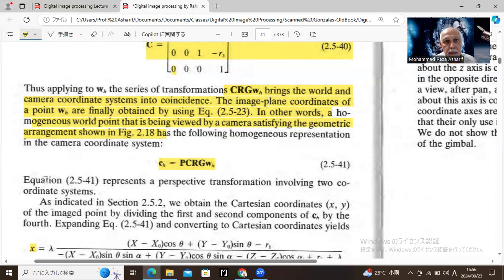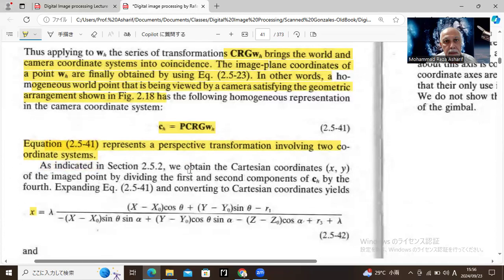So equation 41 represents the perspective transformation involving two coordinate systems. That's why it becomes more complicated. It's a C perspective, but more complicated because we have two translations, rotations, and the other one, and perspective, of course.